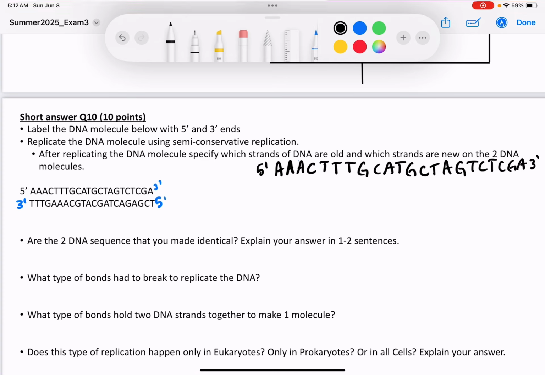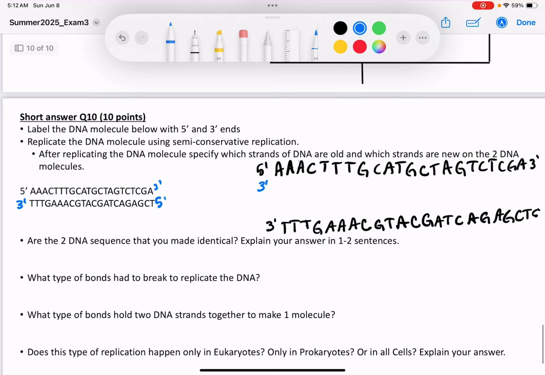And I think I shortened this for you guys because it's really long. Okay. T, T, T, G, A, C, G, T, A, C, G, A, T, C, A, G, A, G, C, T. Okay, hopefully I didn't mess any of that up. If you had one typo in there, I was fine with it.